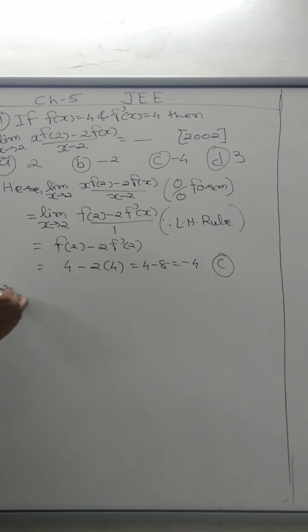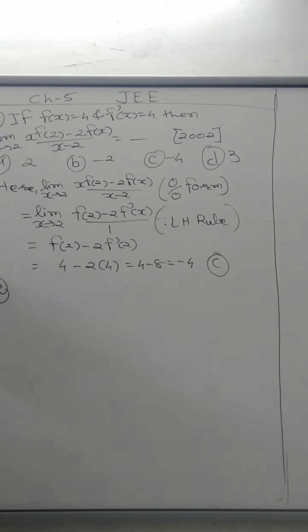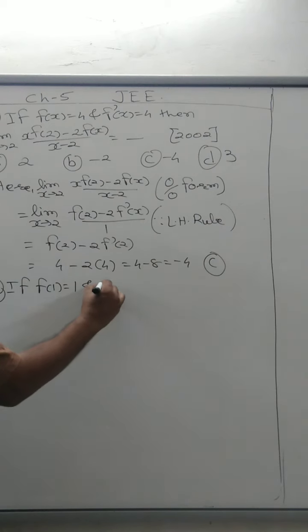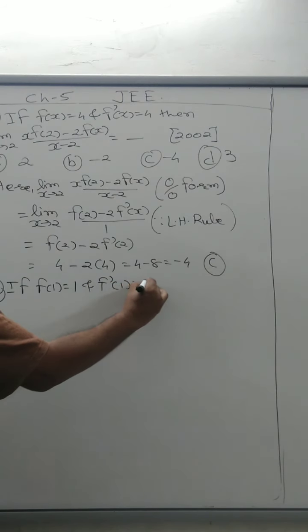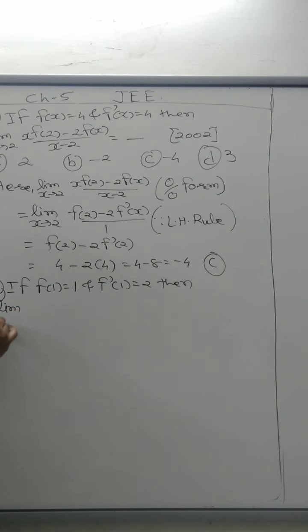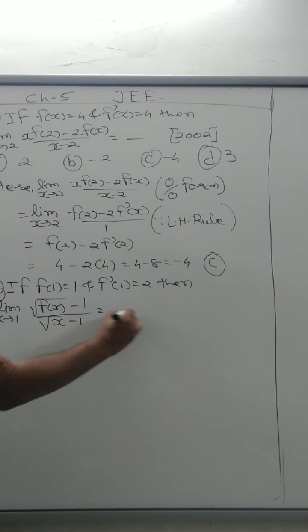Now the next question is of a similar kind. If f(1) is 1 and f'(1) is 2, then the limit as x tends to 1 of (root f(x) minus 1) upon (root x minus 1) is equal to what?